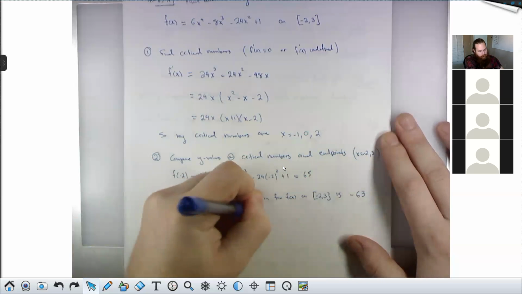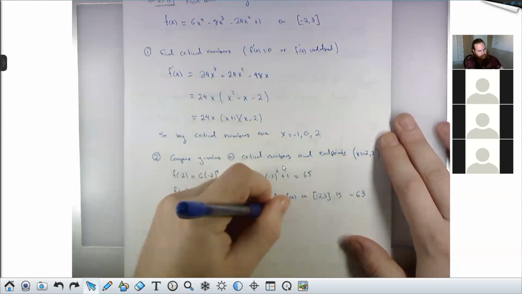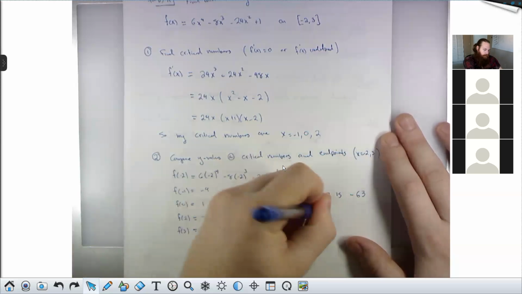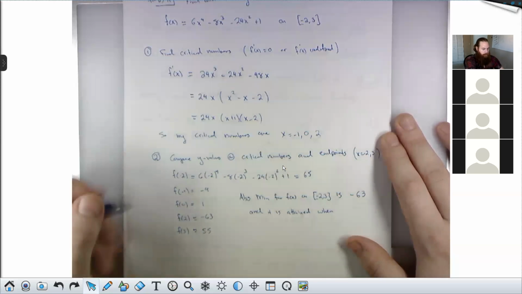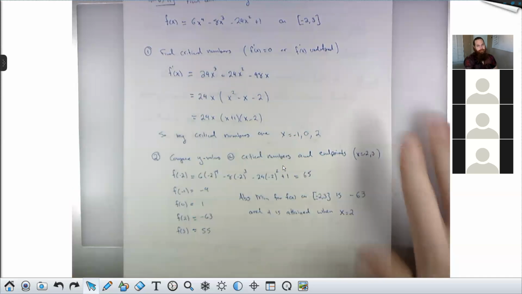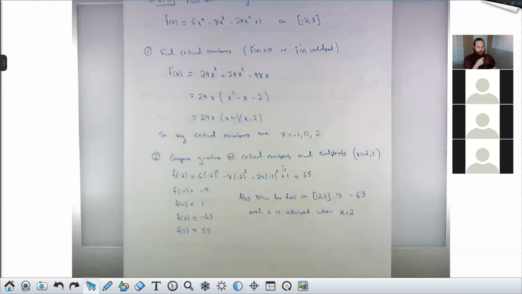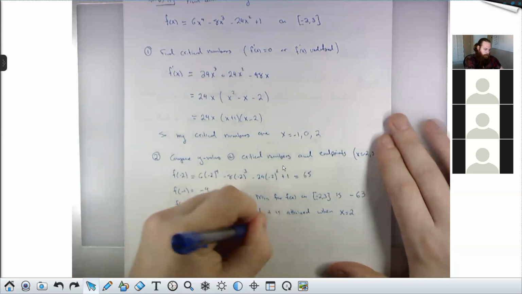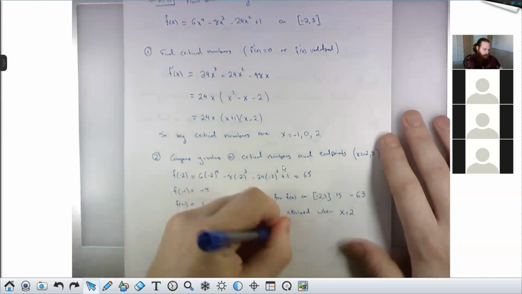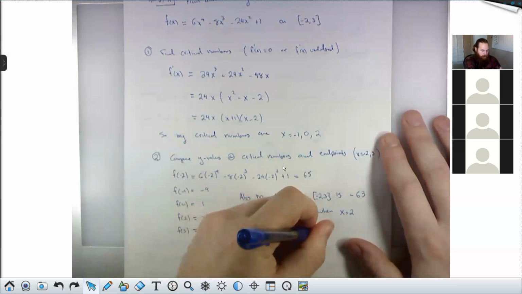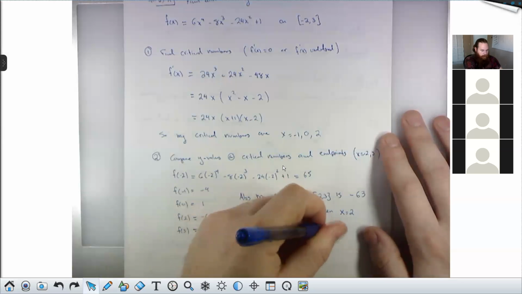And it is attained when x is equal to 2. The absolute max for f of x on -2, 3.